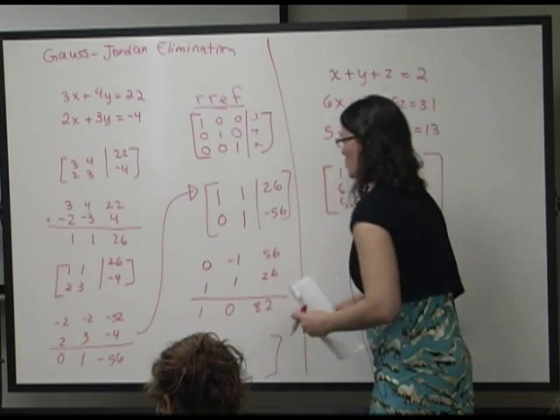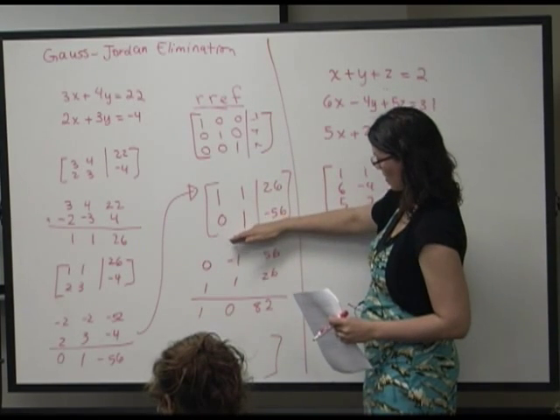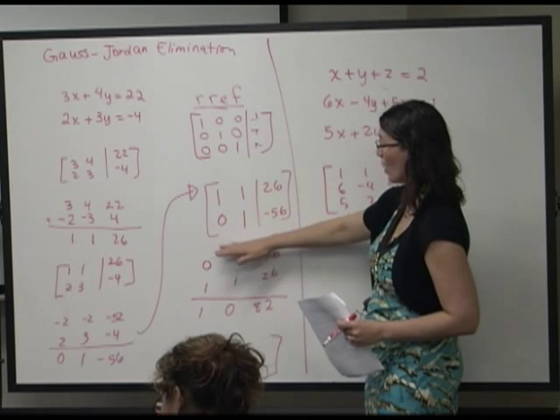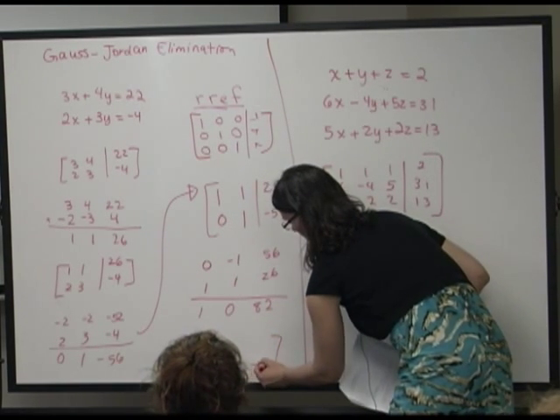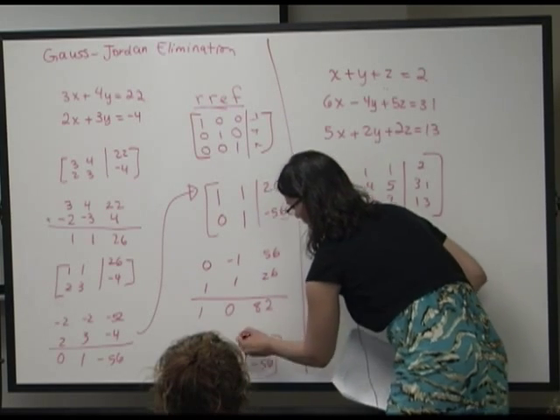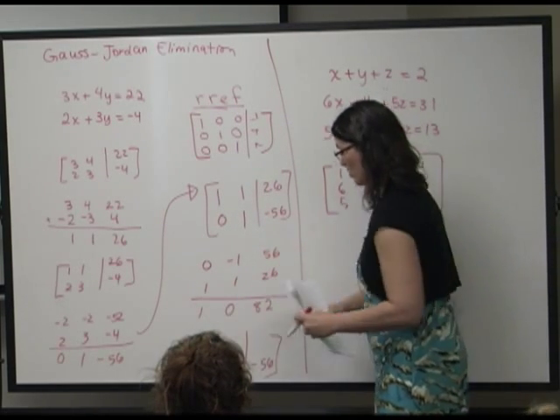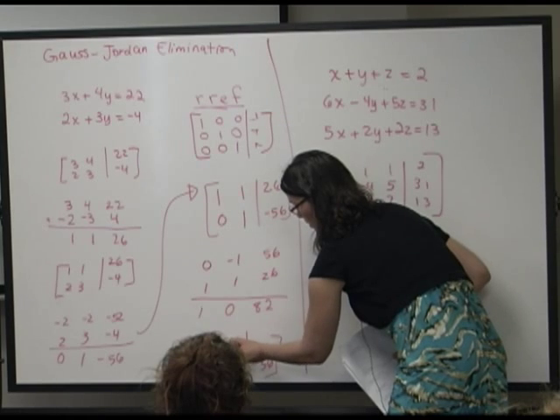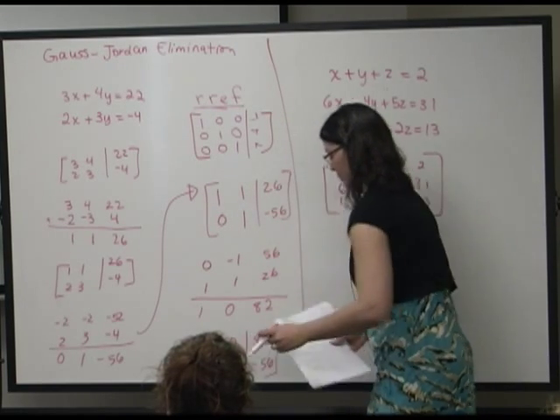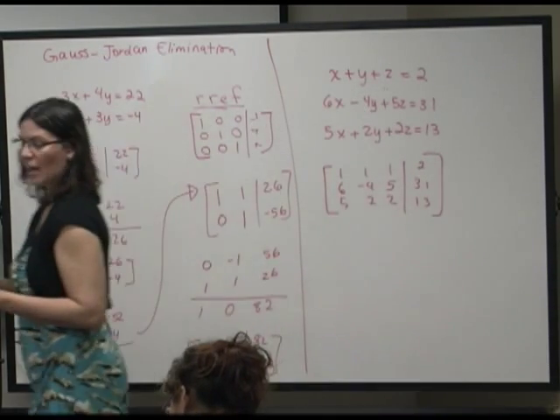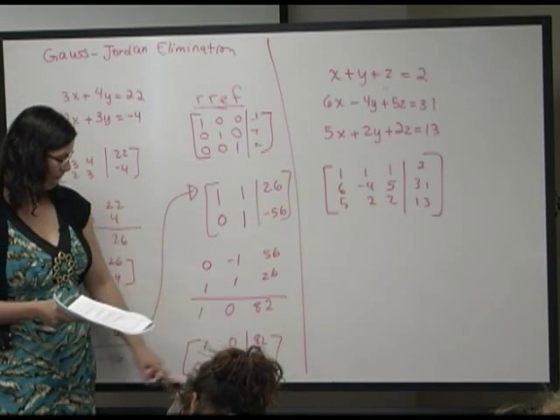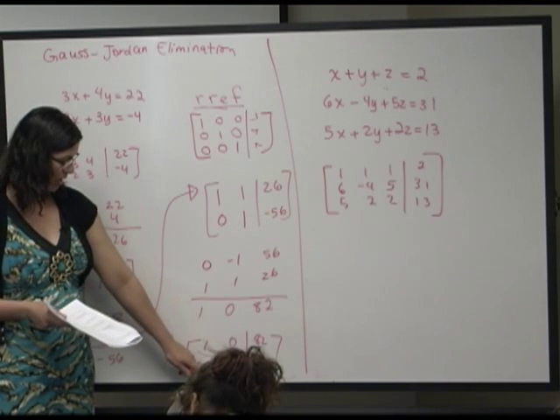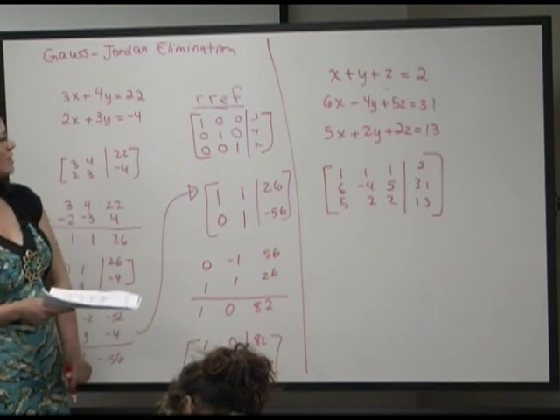So the one that I used to eliminate was this one, which I multiplied times -1. So that one stays the same: 0, 1, -56. And row 1 becomes 1, 0, 82. Once we have it there, we'll have the solution, right? The solution will be x equals 82, and y equals -56.